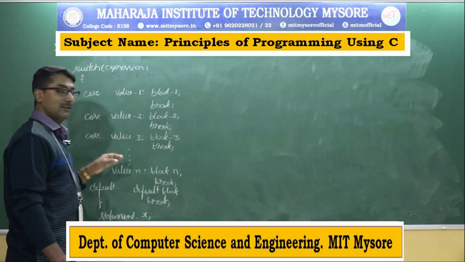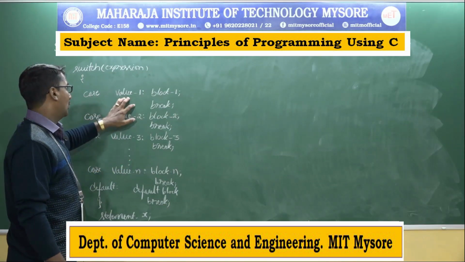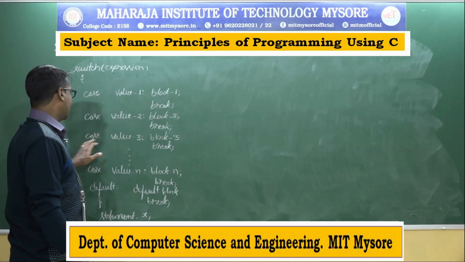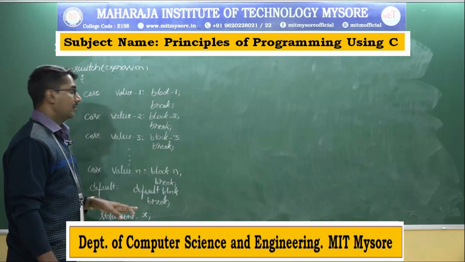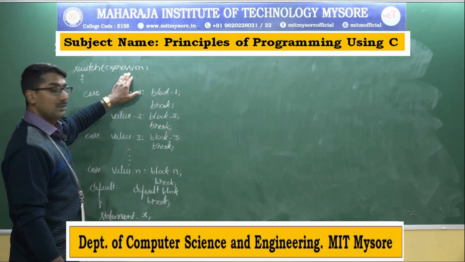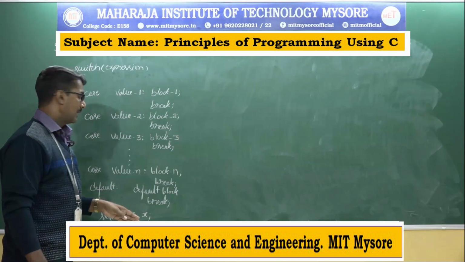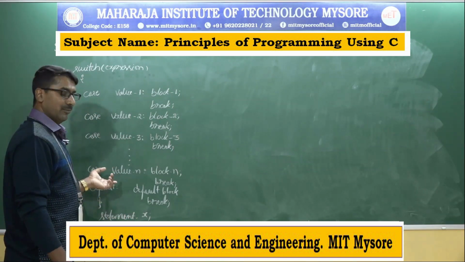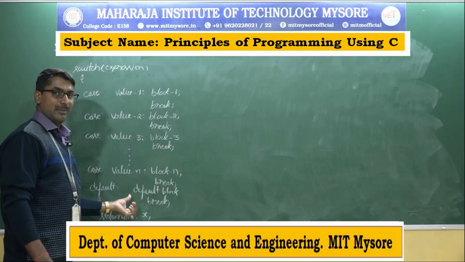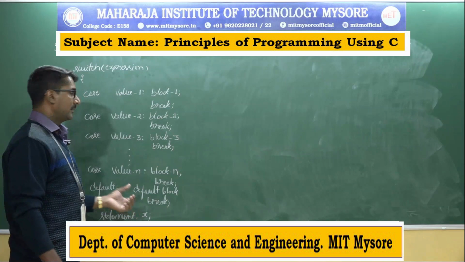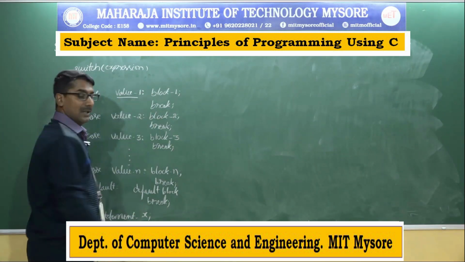Consider case value 1, case value 2, case value 3, case value n, and default. The evaluated expression value is verified with value 1, value 2, value 3, value n, and if it is not matched with any one of the values, it automatically executes the default statement.